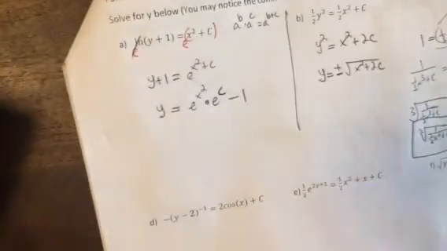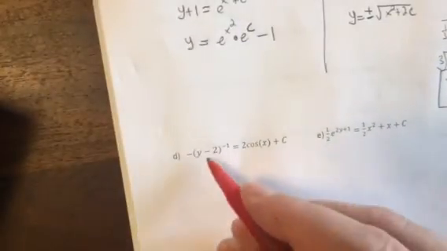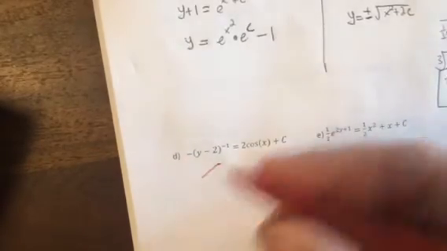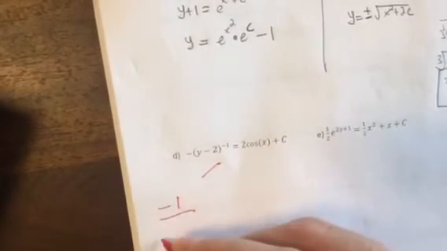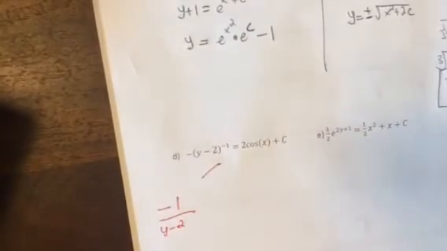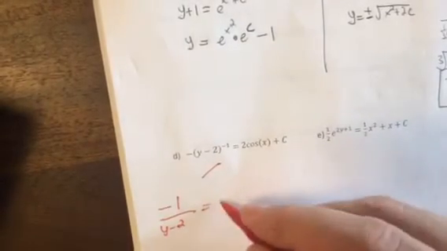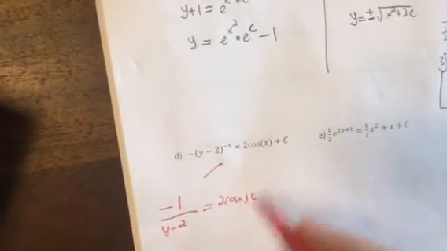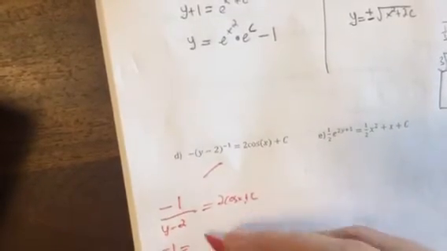Same thing here. We could rewrite it. We can do this two ways. We could do this as -1 over y minus 2, because that's what the -1 means, equals 2 cosine of x plus c. We could multiply by y minus 2 to get it out of the denominator.